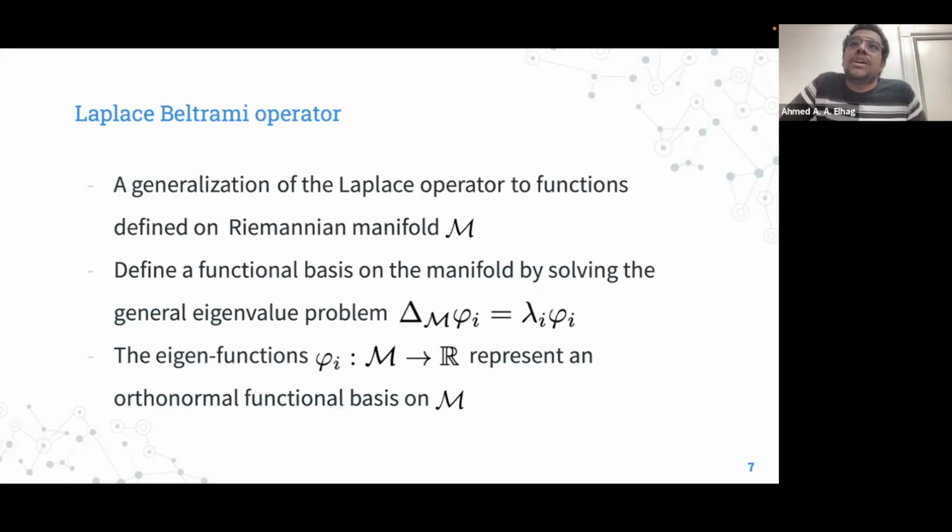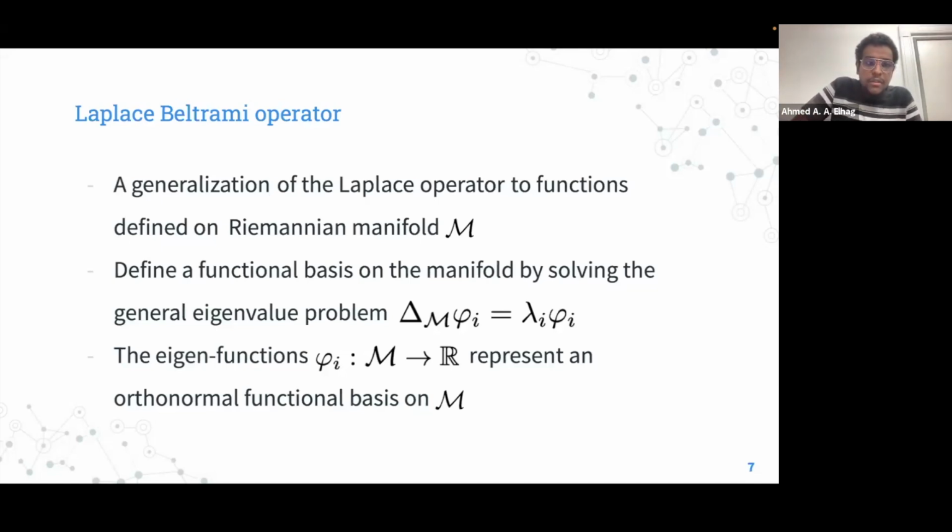Okay, so on manifolds, we can define what is called the Laplace-Beltrami operator, which is one of the main concepts in geometry processing. The Laplace-Beltrami operator is a generalization of the Laplace operator to functions defined on a Riemannian manifold.